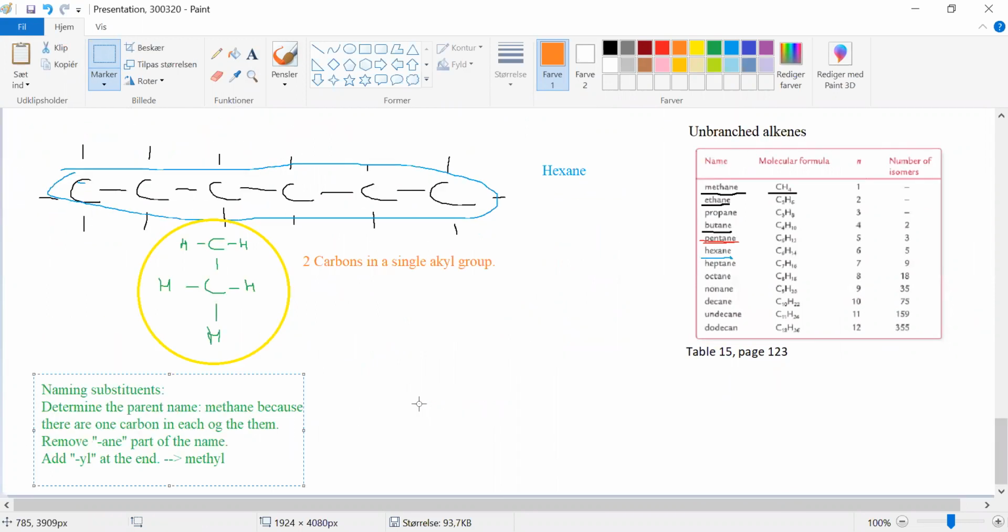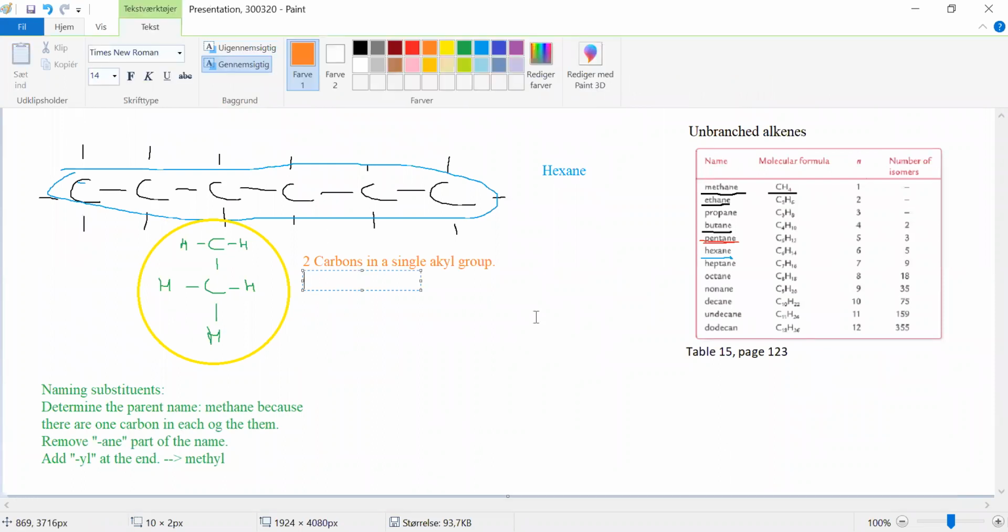Here. So naming substituents, determine the parent name. So right now we have two carbons. So that means that two carbons, so it's an ethane. We can see from this table here on the right, ethane, two carbons.